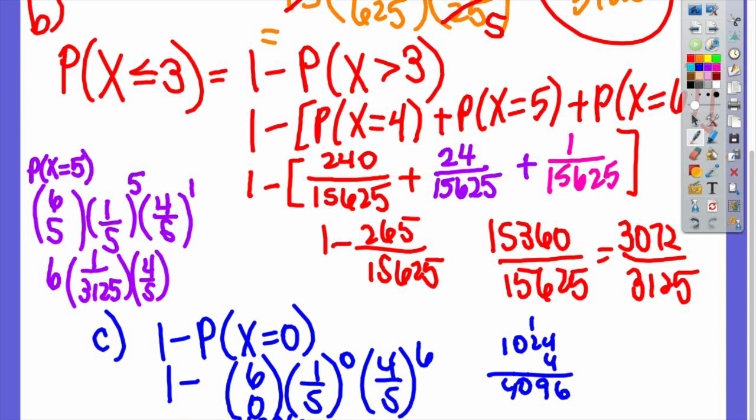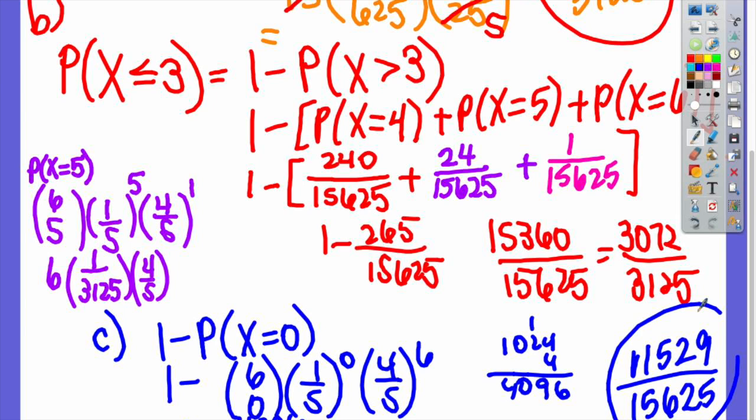So what is 15,625 minus 4096? Thank you for doing that by hand.